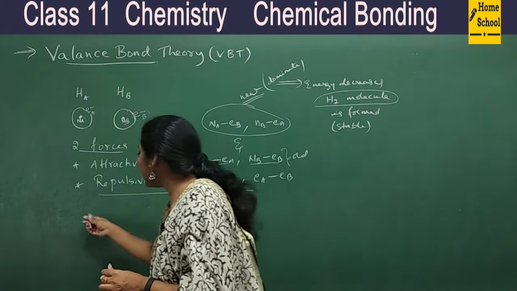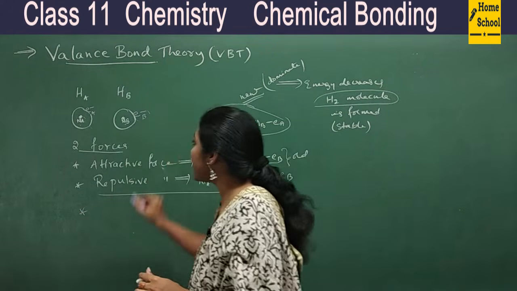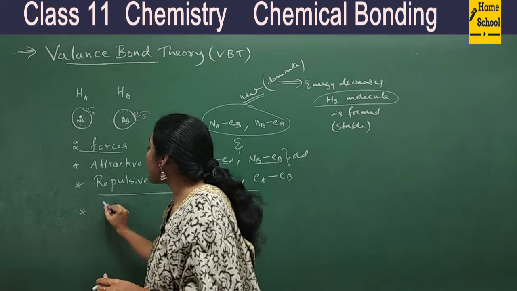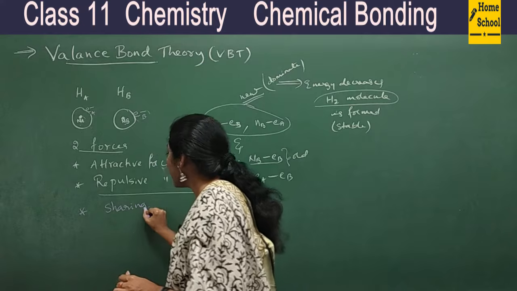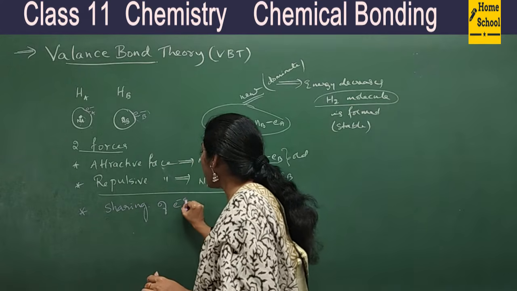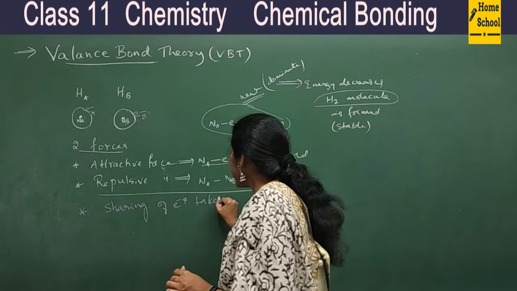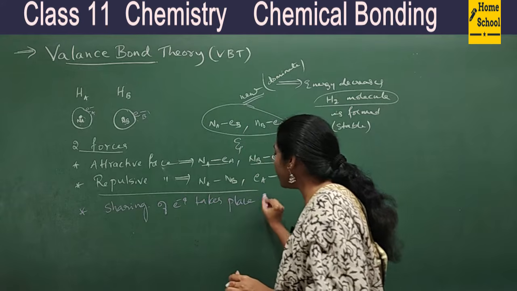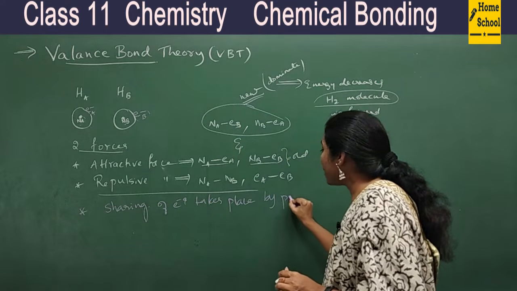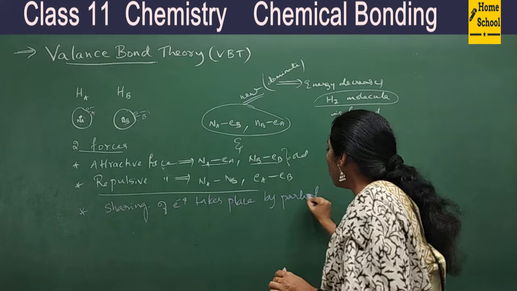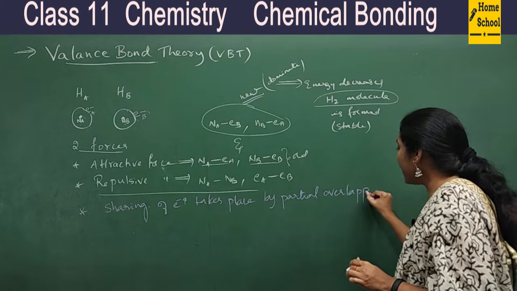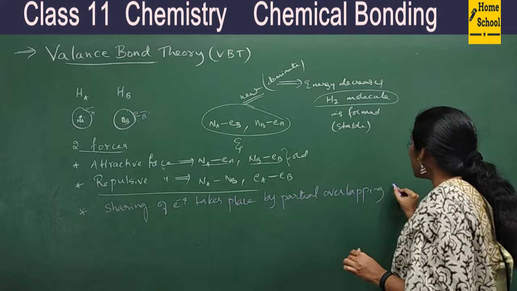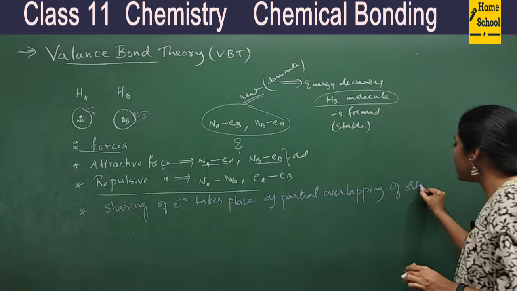So I am telling you an important sentence here: when two atoms come close to each other, sharing of electrons takes place, very, very important word, by partial overlapping of orbitals, right? So what do you mean by partial overlapping of orbitals?